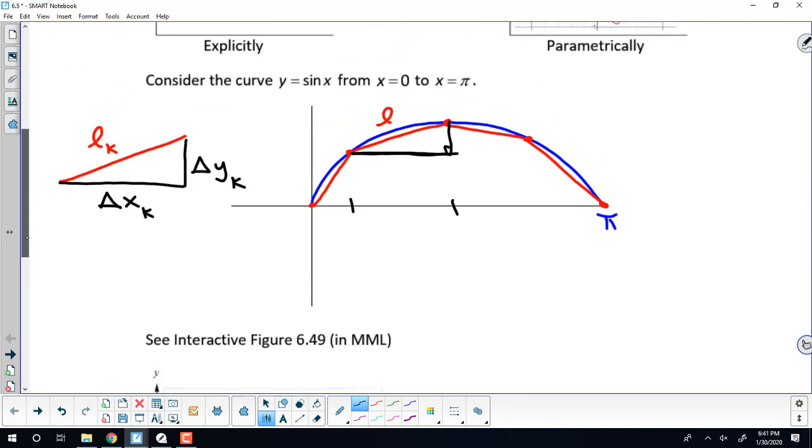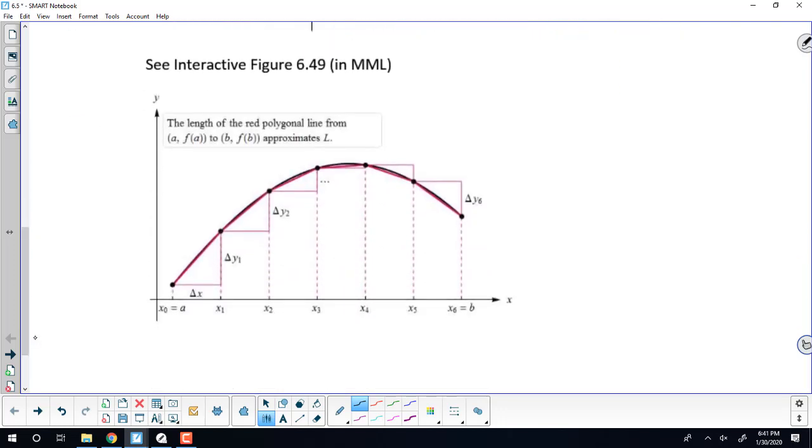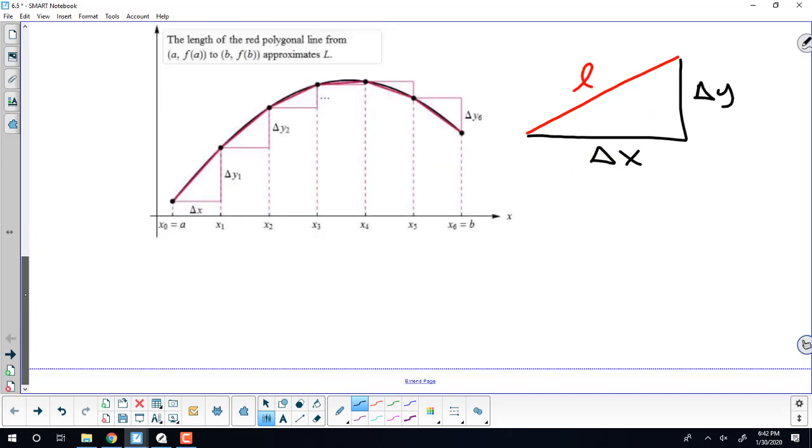So that's what we're going to work with just to derive the formula. So here's a little bit better of a representation. They're using 6 line segments for that. We're taking this thing here. Trying to figure out what L is, so we'll use the Pythagorean theorem and solve for L.